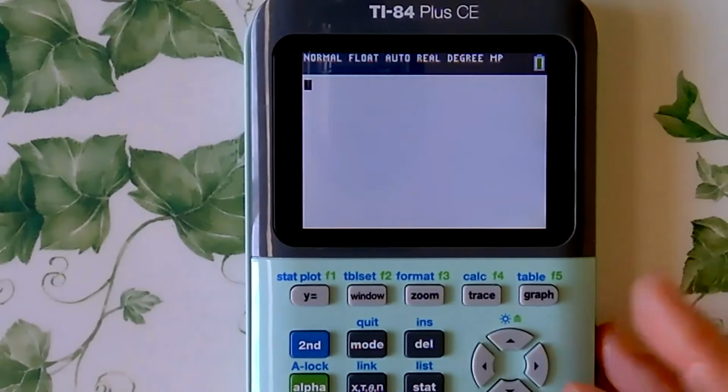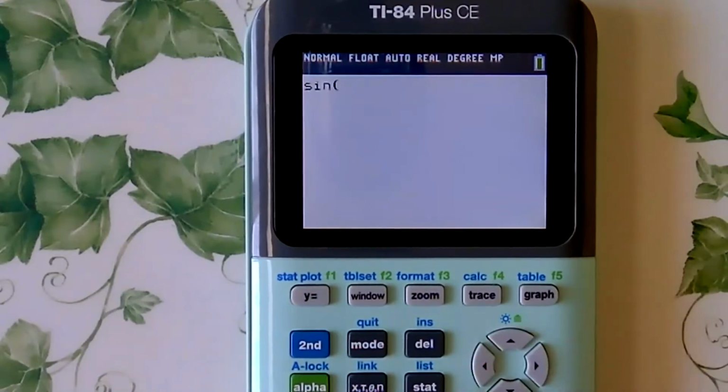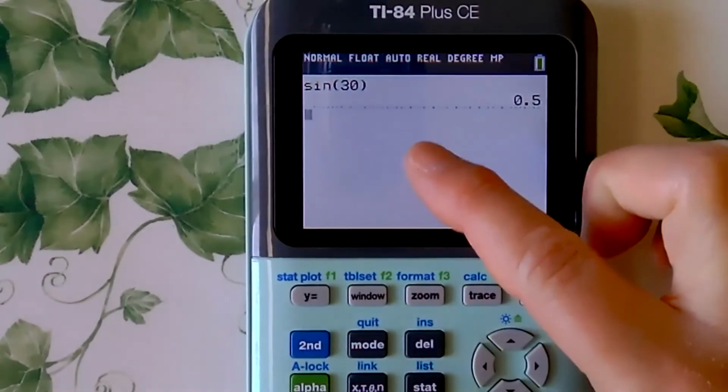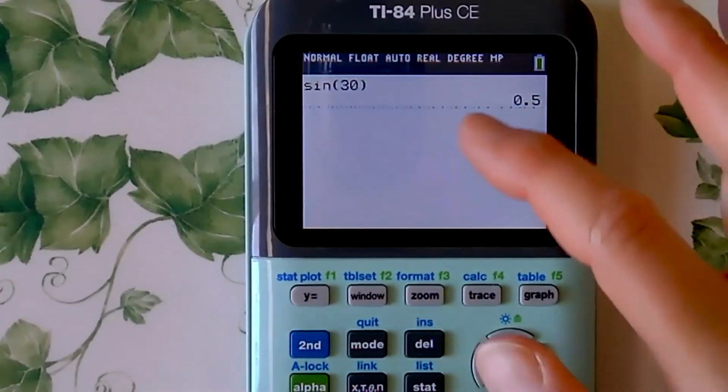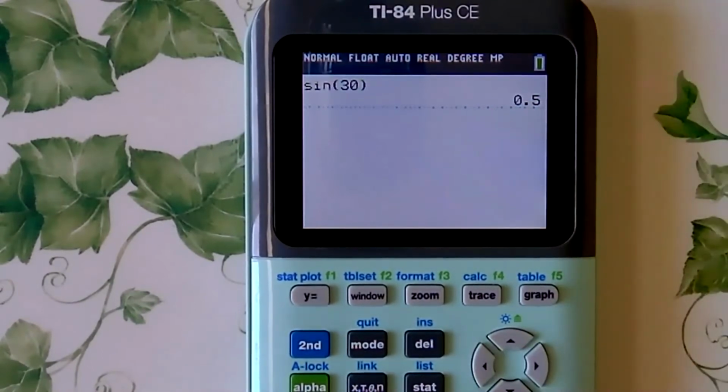So if I wanted to do the sine of 30, we see that the sine of 30 is 0.5 or 1/2. So the cosecant of 30 should be the reciprocal of 1/2, which is 2. The way I can do that is I can go 1 divided by sine of 30.